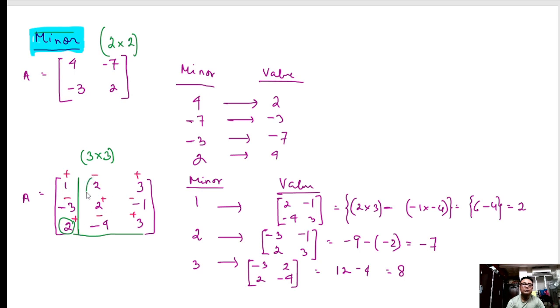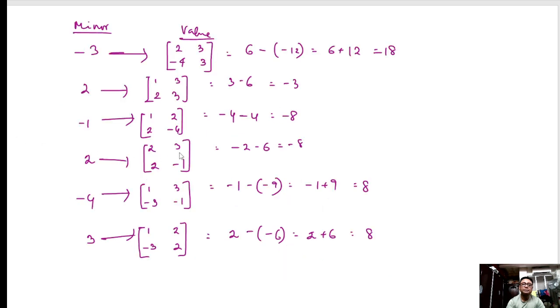I will choose this much. Okay, so that is what we have done, and we have chosen this here. For 2 I have chosen this, and so it is minus 2 minus 6, which is minus 8.